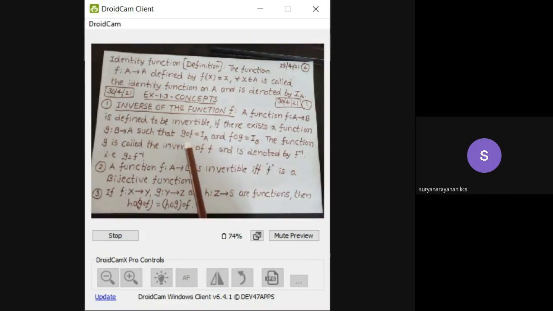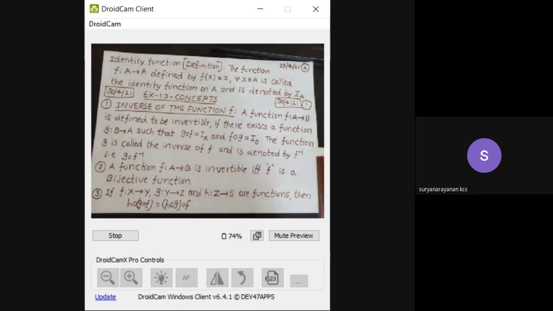If there is another function g defined from B to A that satisfies these two conditions, then f is said to be invertible. The function g is called the inverse of f and is denoted by f inverse. That is, g is equal to f inverse.